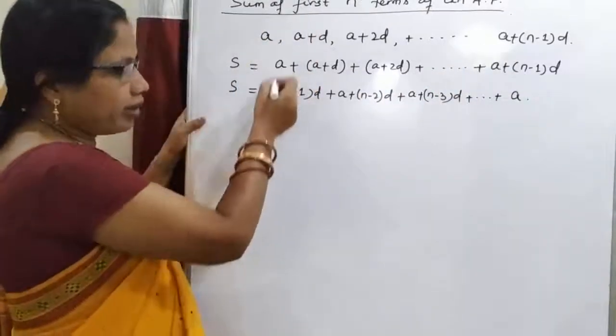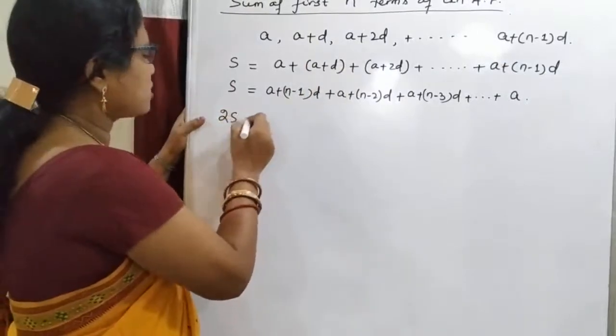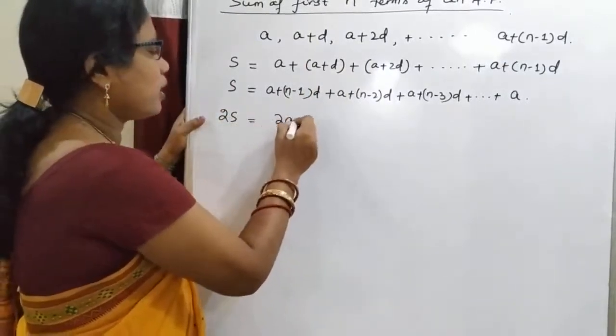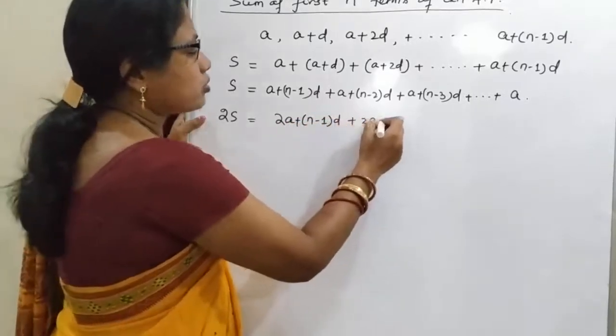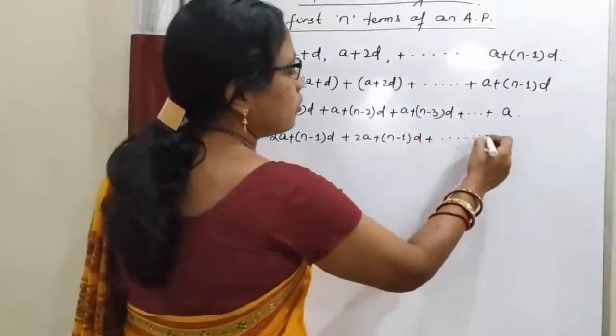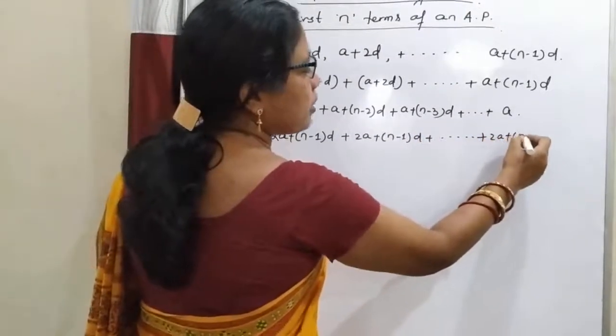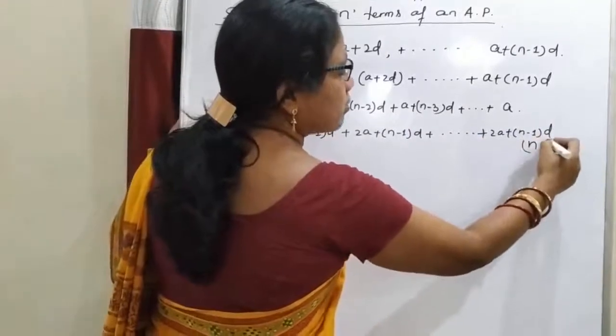If we add these two series, then 2S becomes (2a plus (n minus 1) into d) plus (2a plus (n minus 1) into d) plus up to (2a plus (n minus 1) into d), n times.